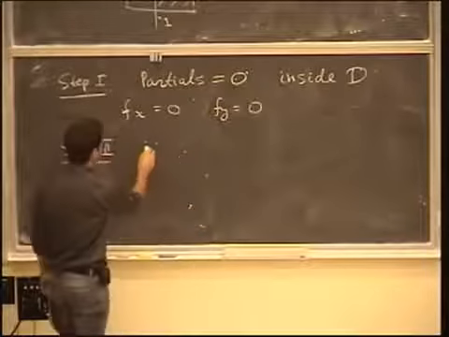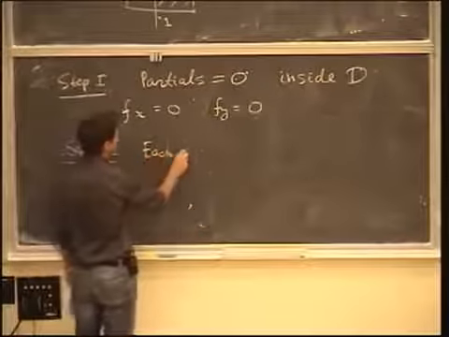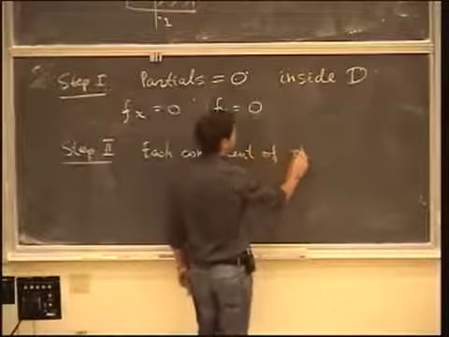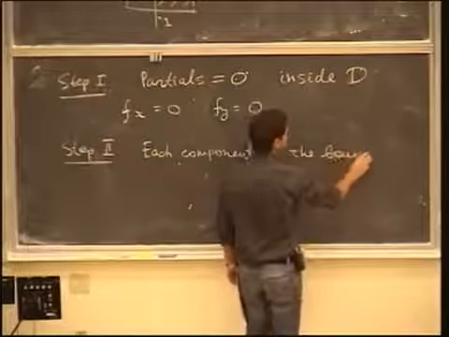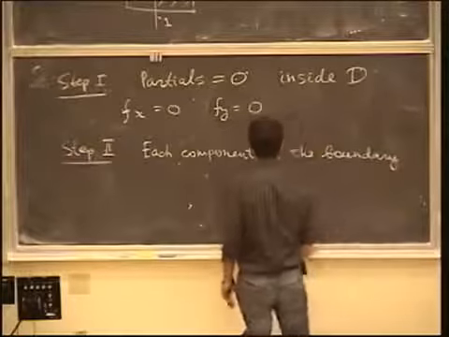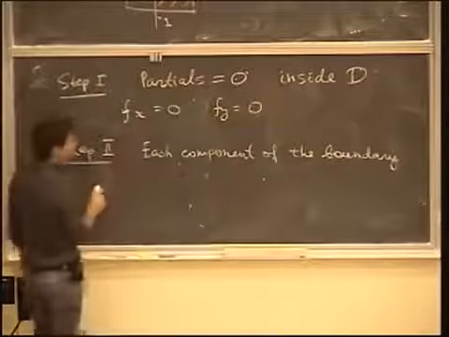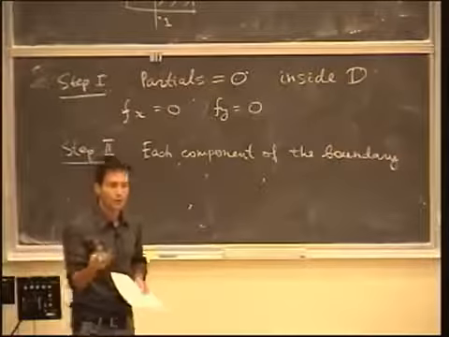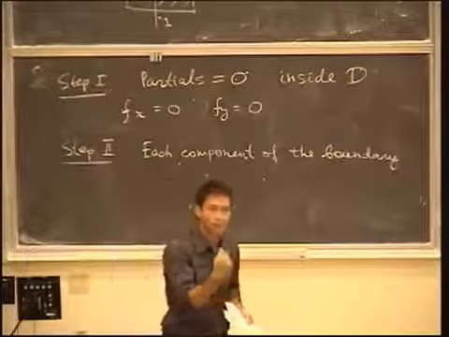Next, you look at each component of the boundary. On each component of the boundary, you can set one of the variables equal to something. So effectively, your function restricted to that component becomes a function in one variable.